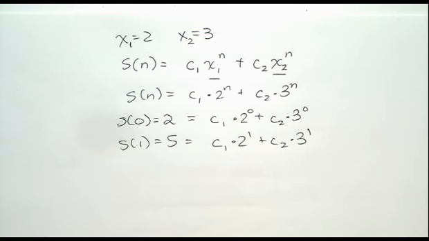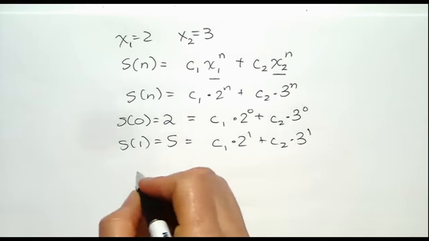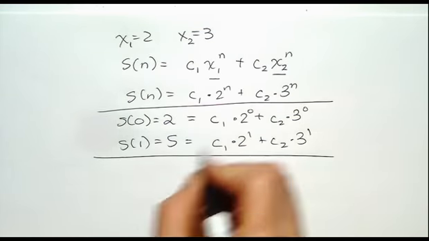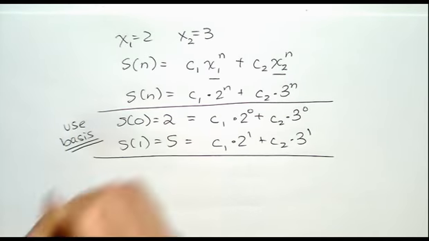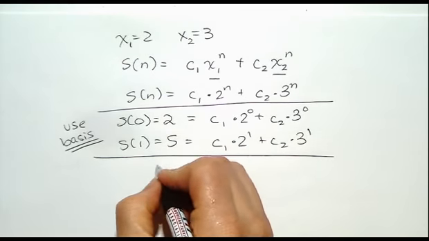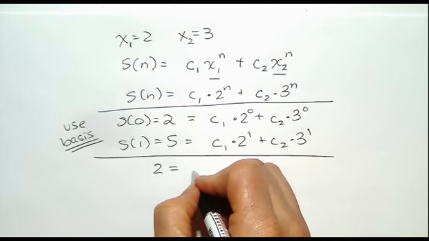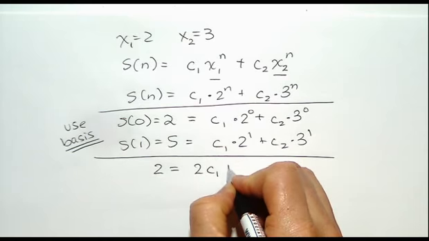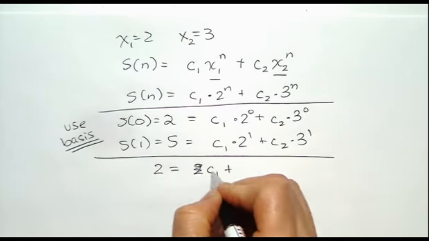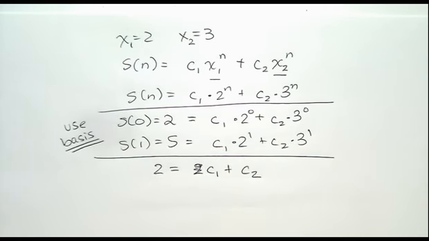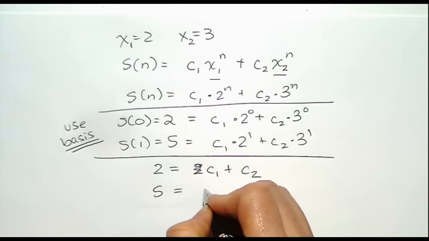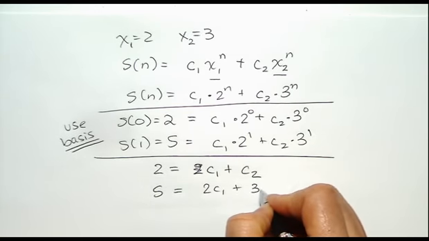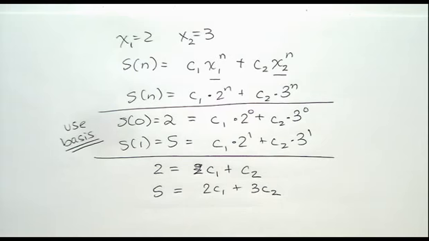And then I'm actually going to figure out what those are. I need to get rid of the 2 to the 0s and stuff because they're distracting. So that's not 2C1, just C1 plus C2, because 2 to the 0 is 1 and 3 to the 0 is 1. And 5 is going to be equal to 2C1 plus 3C2.